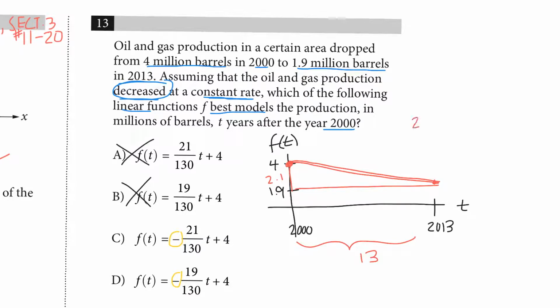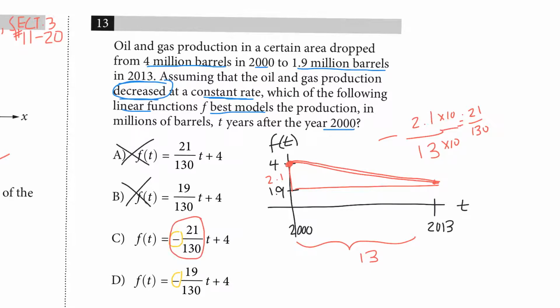So 2.1 is the rise, and the run is 13, and we already declared that it's negative because it's decreasing. Now, if you look at the answer choices, there's no 2.1 over 13. However, if I multiply this by 10, and this by 10 to get rid of the decimals, I'm going to have 21 over 130. And of course, we said that was negative. Negative 21 over 130, that's the right slope that we're looking for.